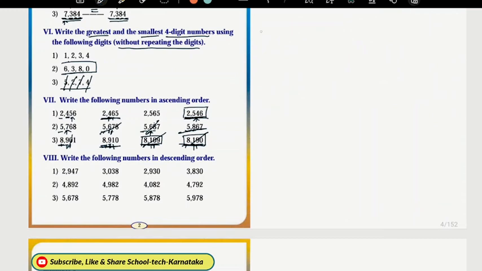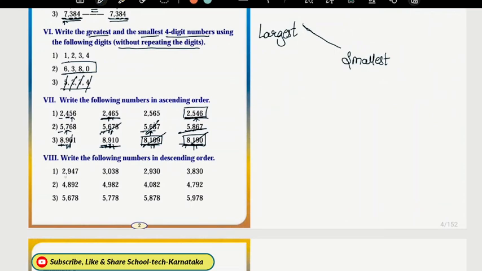First, we need to write the largest number and then end with the smallest number. The largest number first and then second largest, third largest, and so on. So in descending, we write the largest first.